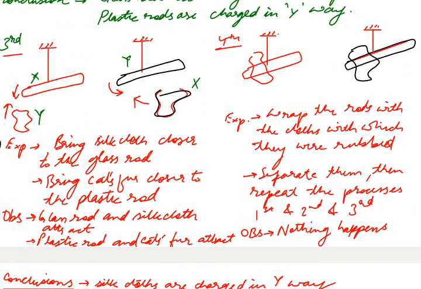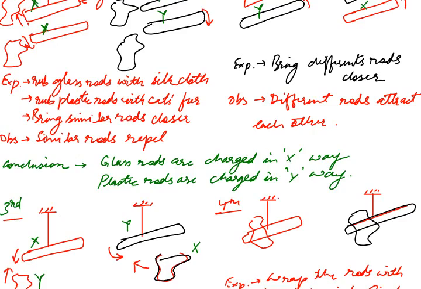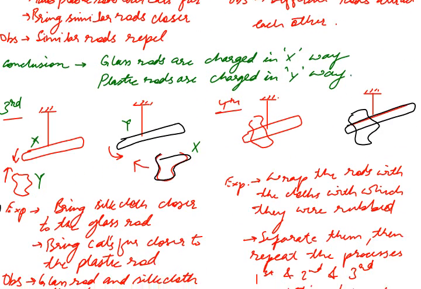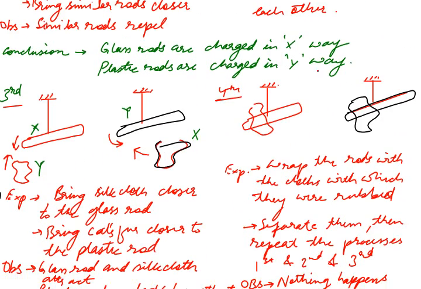Just for a quick review, we carried out the experiment in four steps. In the first step, I rubbed the glass rod with silk cloth and the plastic rod with cat's fur, then brought similar rods closer, and they repelled each other. Then we brought different rods closer, and they attracted each other. We concluded that glass rods are charged in X way and plastic rods in a different way, which we called Y way.